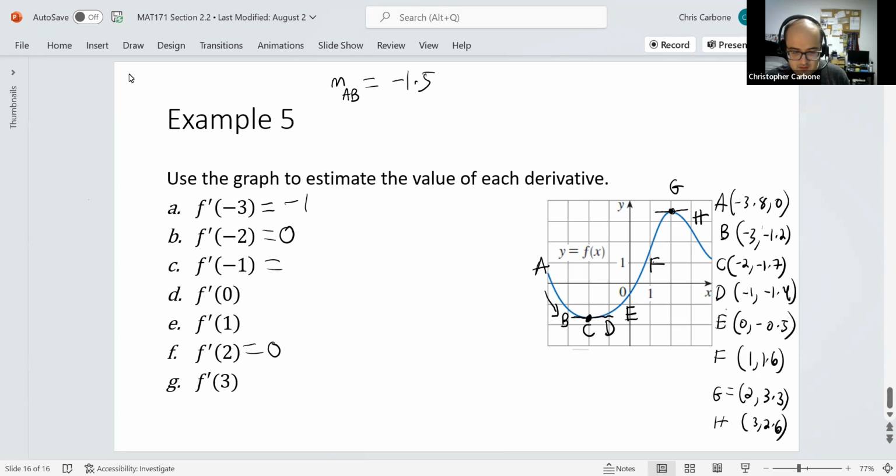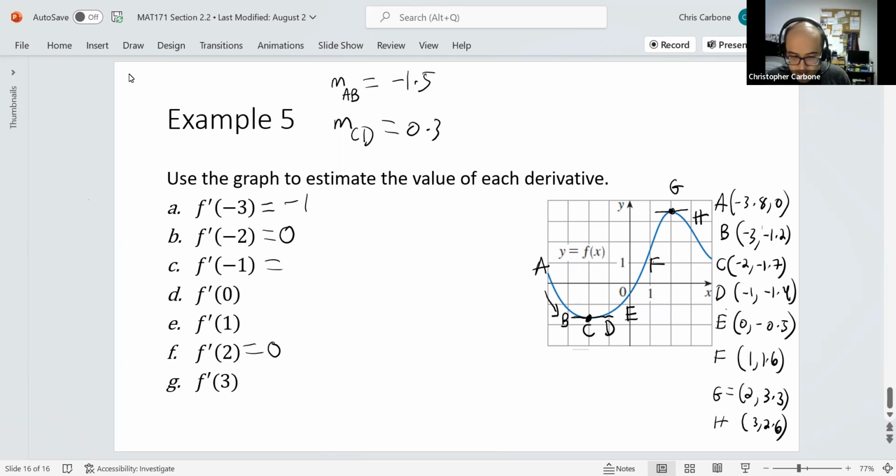We already have the value for f prime of -2, which I labeled here as the point C, so we're not going to do that one. But we can do the next one, f prime of -1. This will use the points C and D. Based upon these 2 points, when we calculate the slope, we get about 0.3.